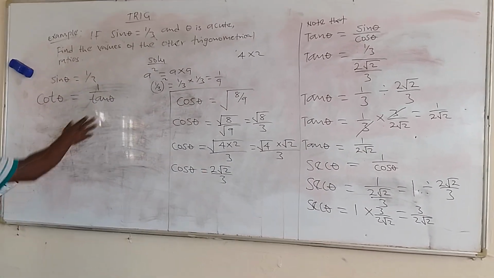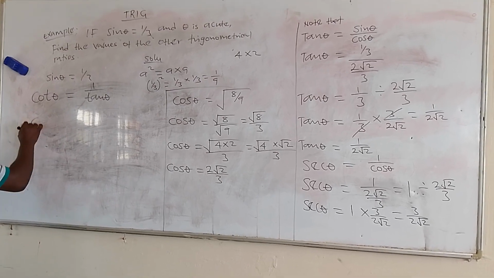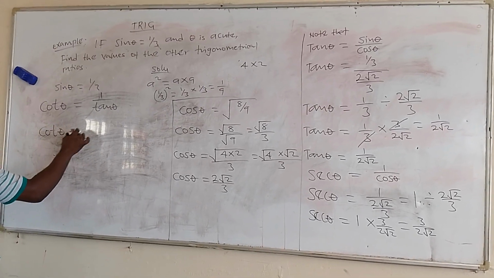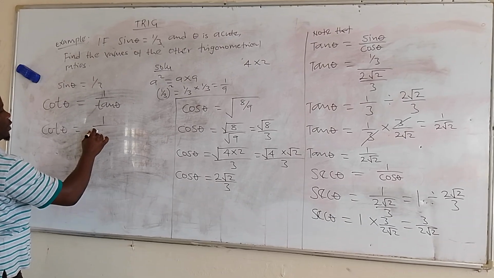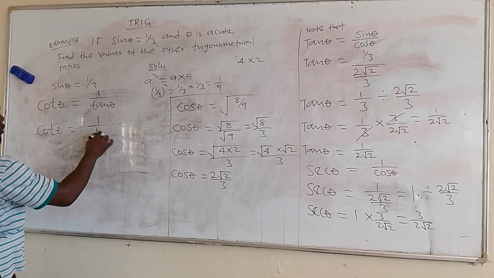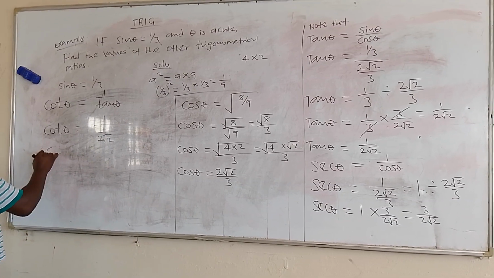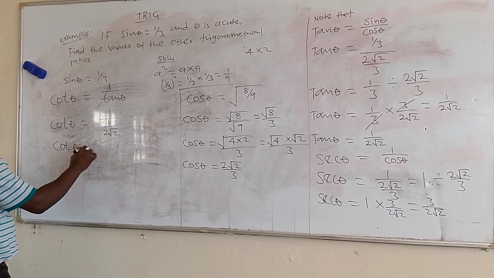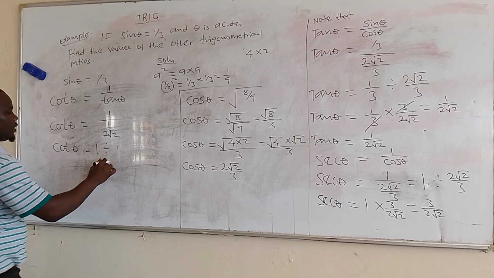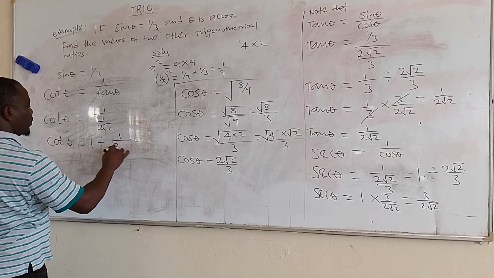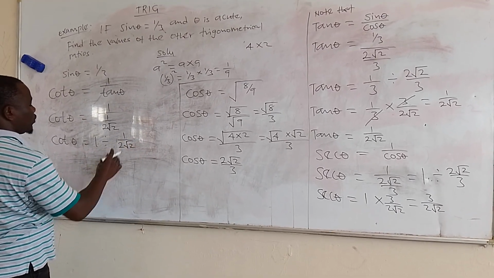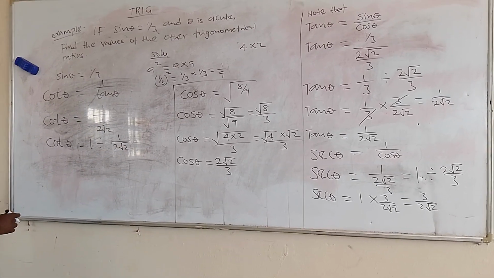You just substitute here. Our cot theta is equal to 1 all over 1 all over 2 root 2, which is 1 divide 1 all over 2 root 2.